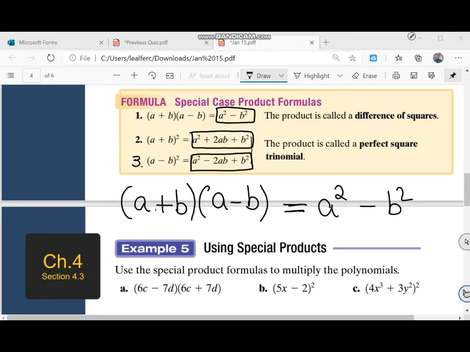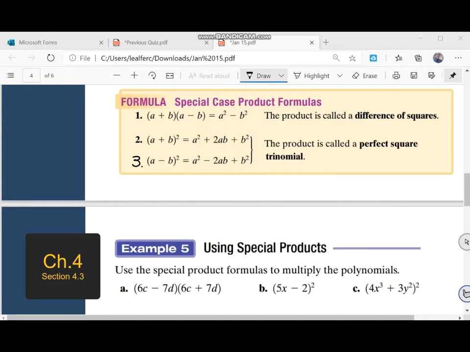Always. That means you can skip and go straight to the answer. If you identify that you have this case, the answer is a squared minus b squared. That's it. The same thing for case number 2 and case number 3. You identify that it's a special case, so you apply the formula straight away.